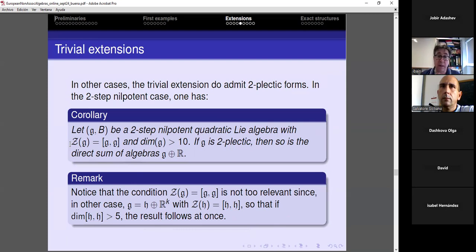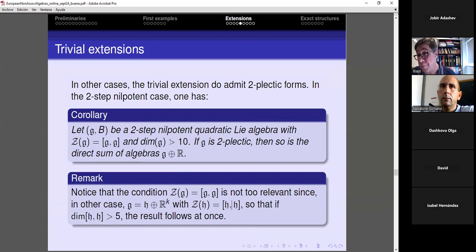And this is under a condition that the center must be the derived ideal, but in two-step nilpotent quadratic Lie algebras that is not very restrictive, because otherwise you just split into the parts in which this is verified and an R^k, and then you apply the result that we have seen before. Actually, one can also see that up to dimension 6, I think, if I am not wrong, every two-step nilpotent quadratic Lie algebra is also two-plectic.